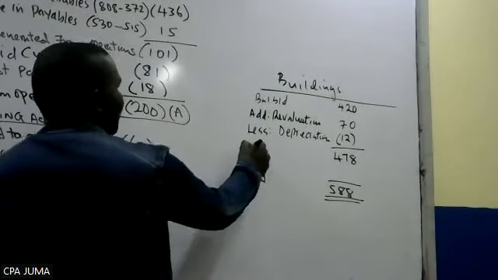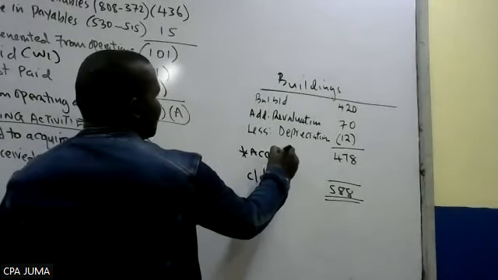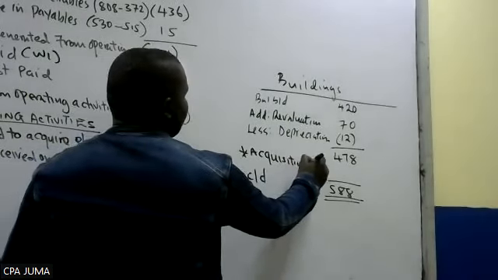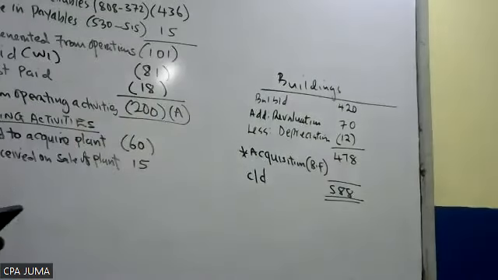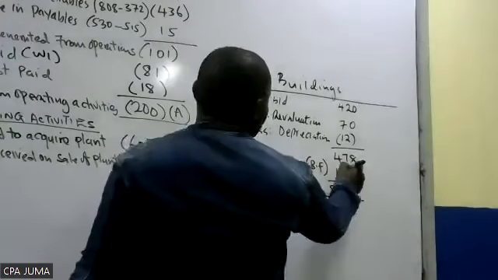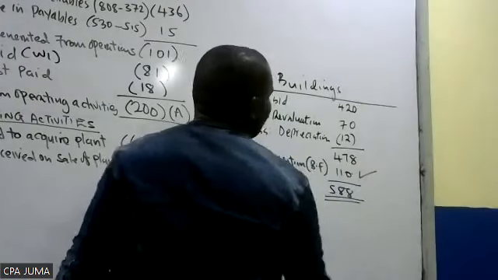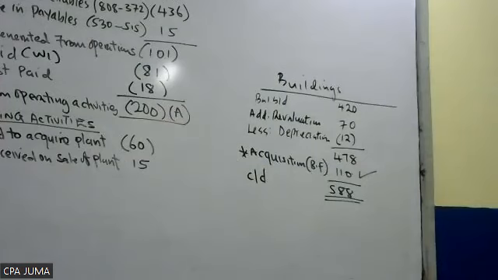The balancing figure is acquisition, how much? 110. So there was acquisition of land and buildings. That is what they are not willing to tell us.